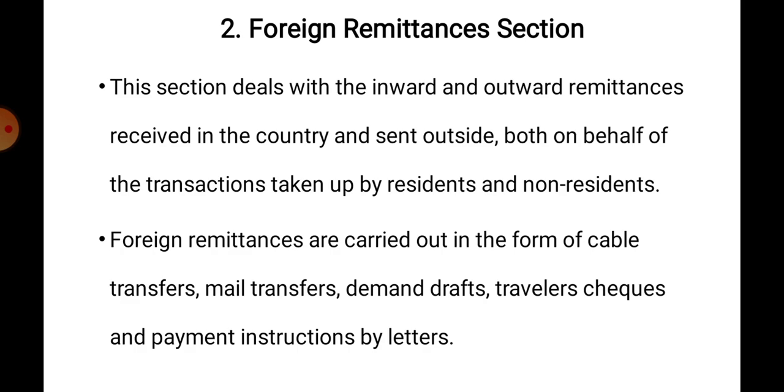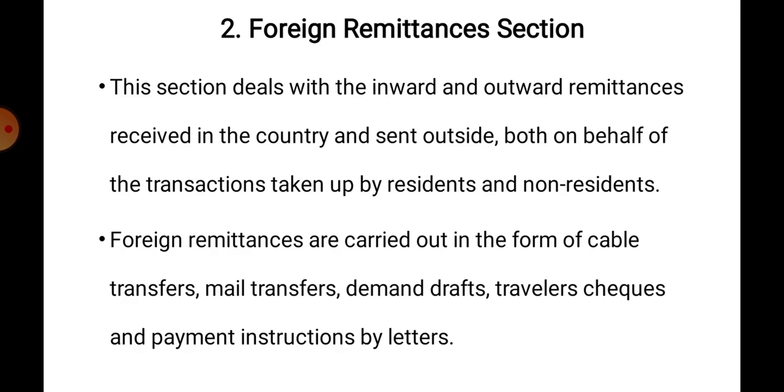The responsibility assigned to Foreign Remittances section is that it deals with inward as well as outward remittances in and outside the country, both on behalf of the residents and non-residents.